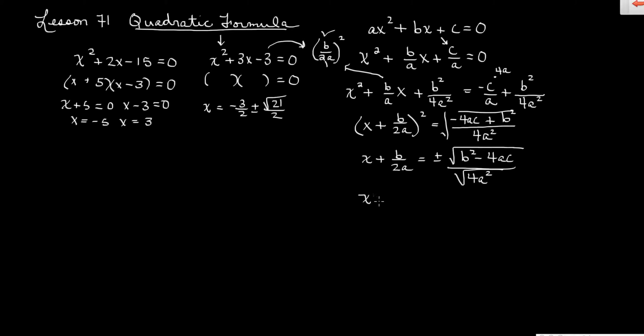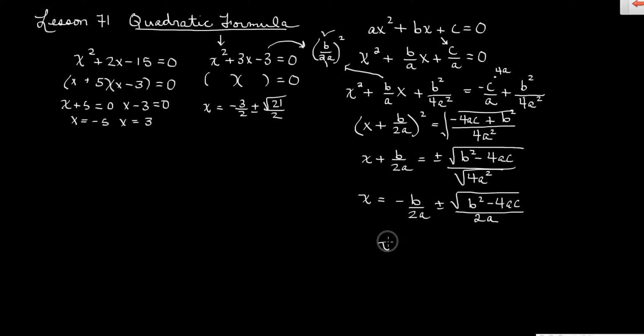So we get x equals negative b over 2a plus or minus the square root of b squared minus 4ac over the square root of 4 is 2, so it can come out. The square root of a squared is a, so it can come out.